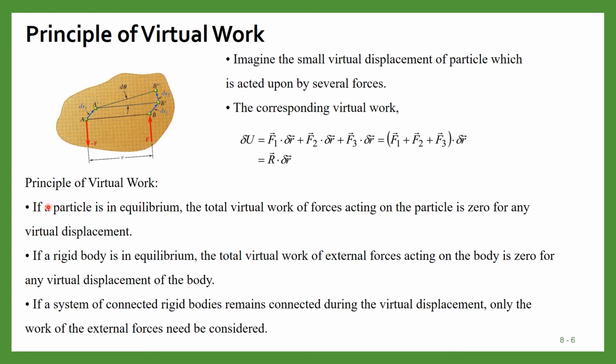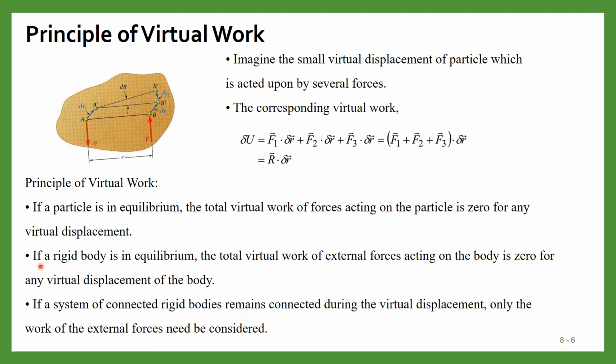Now there are some points related to the principle of virtual work. First, if a particle is in equilibrium, the total virtual work of forces acting on the particle is zero. Because the particle is in equilibrium, it is not moving, so the total virtual work should be zero.